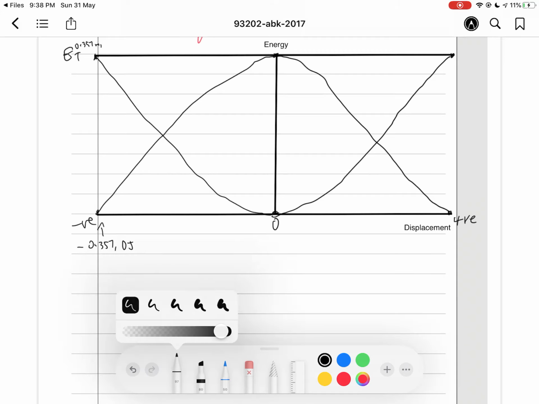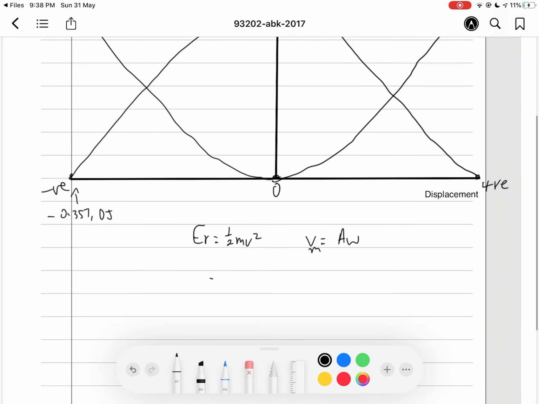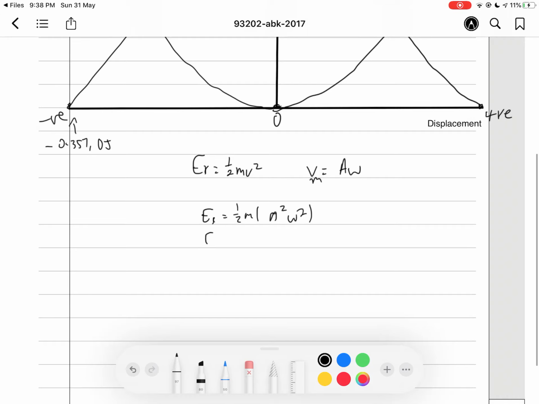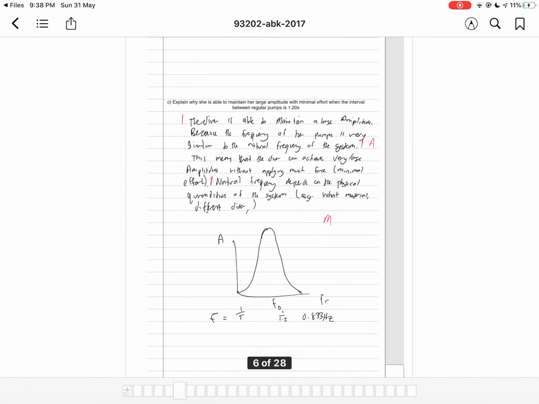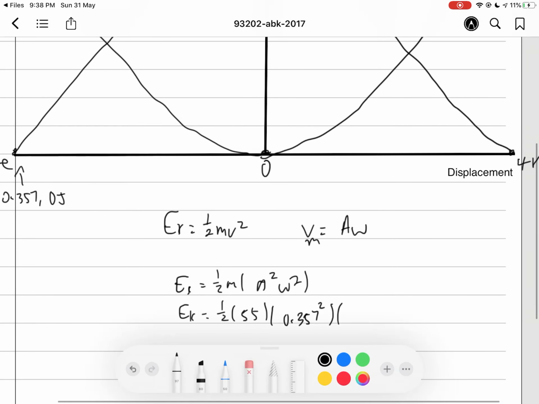So total energy would be equal to EK, which equals half mv squared. We know v equals Aω because this is our maximum velocity. So EK equals half m A squared ω squared. If we plug in these values, EK equals 1/2, mass is 55, A is 0.375 squared, times ω, which was 5.236, squared.